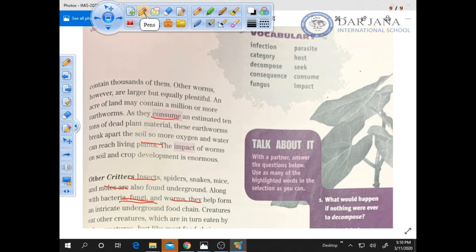Always remember, when you're looking for context clues, you have to build on what is before. So here it says, as they consume an estimated 10 tons of dead plant material. Based on this, consume would be close to the meaning of taken in. Nothing is wasted on the land. Everything feeds off something. It's a recycling process.